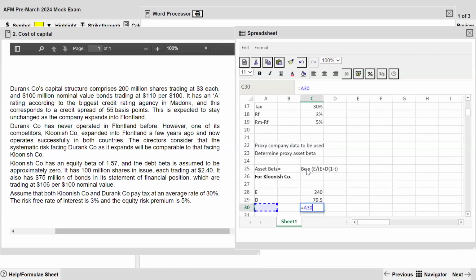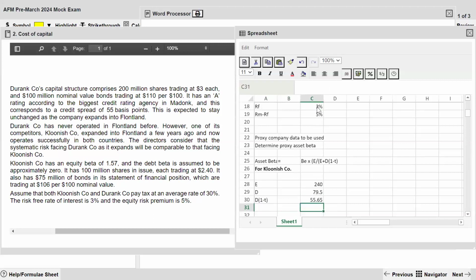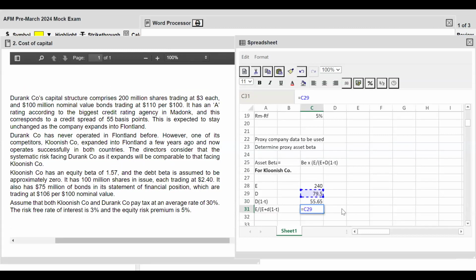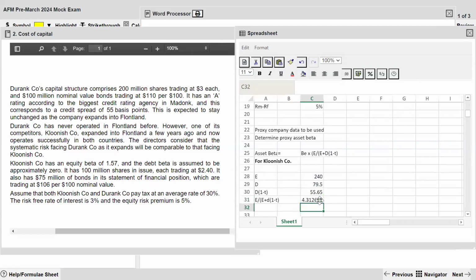Now, D(1 minus T) is 79.5 multiplied by 1 minus 30%, which is 55.65. So E divided by E plus D(1 minus T).